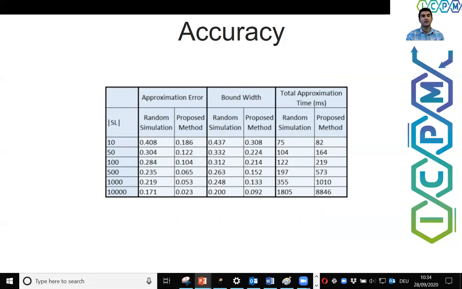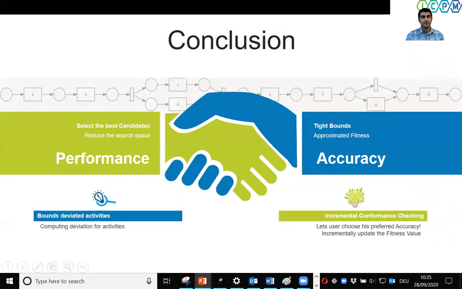However, our method provides more accurate bounds and approximation. So in general, in this slide, we can see how, by increasing the size of the simulated log, we again have less performance improvement.